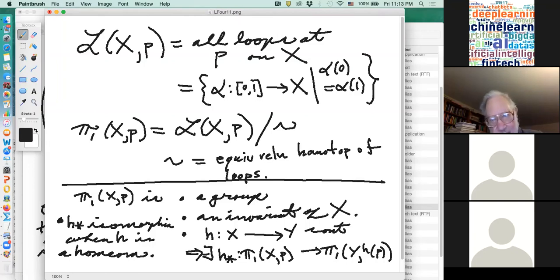These are naturality properties of our definition of the fundamental group.